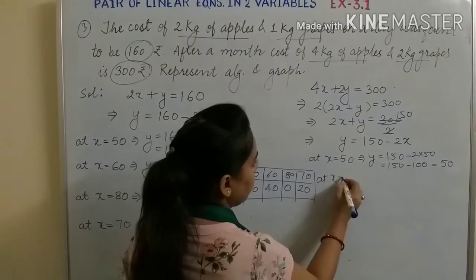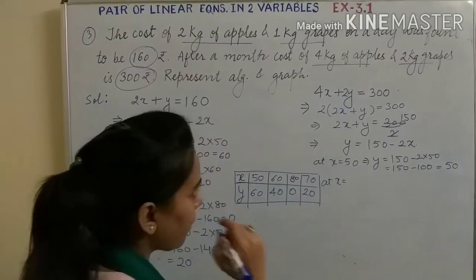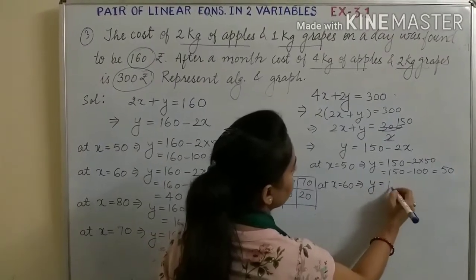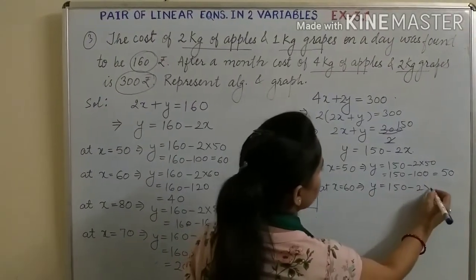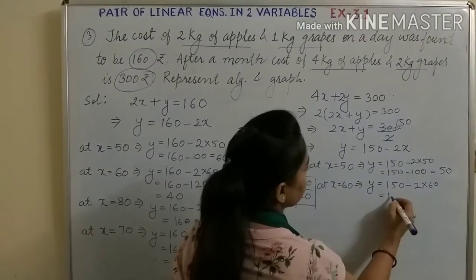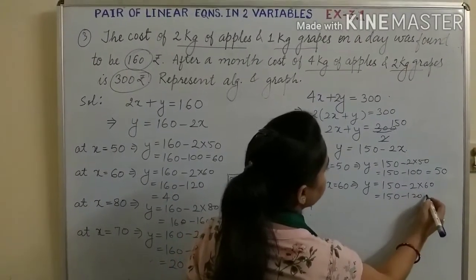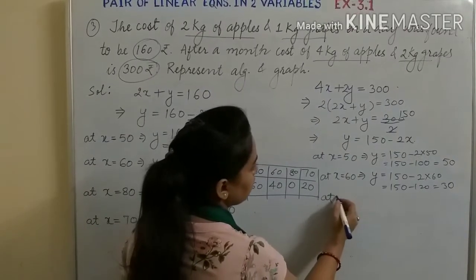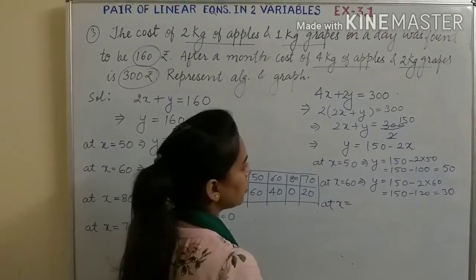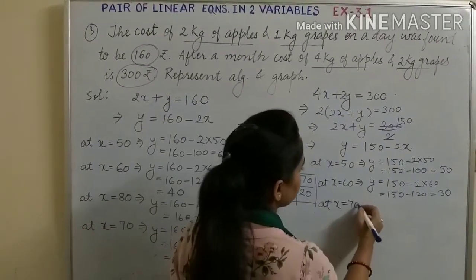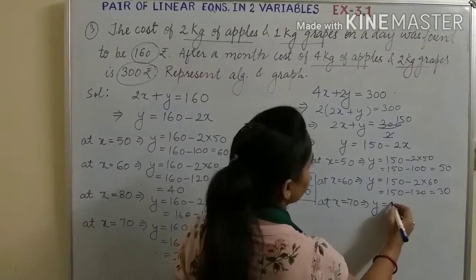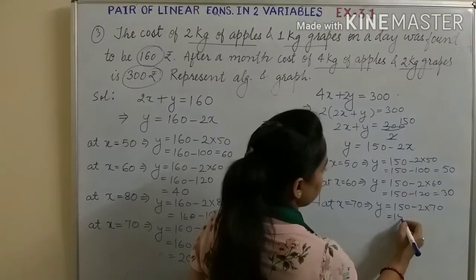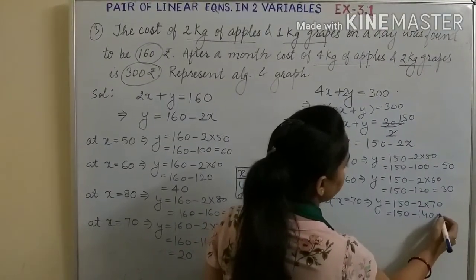Now at x equal to 60, y is equal to 150 minus 2 into 60, 150 minus 120 equal to 30. Now at x equal to, let's take 70, y is equal to 150 minus 2 times 70, 150 minus 140 equal to 10.